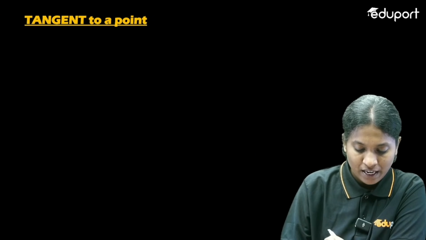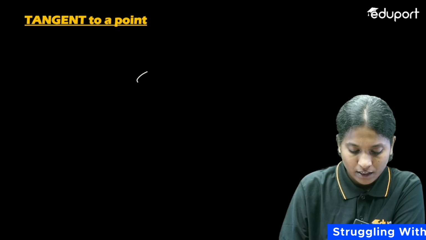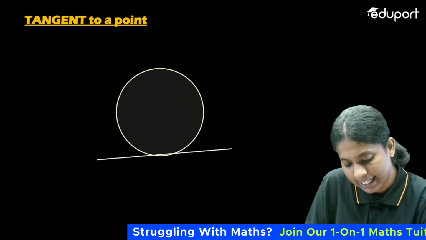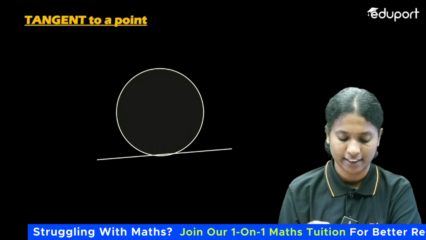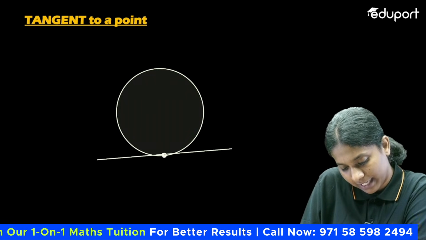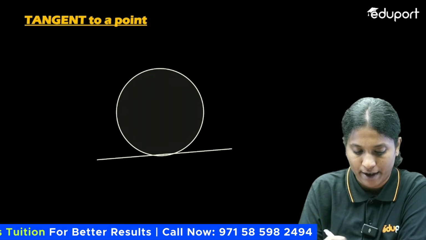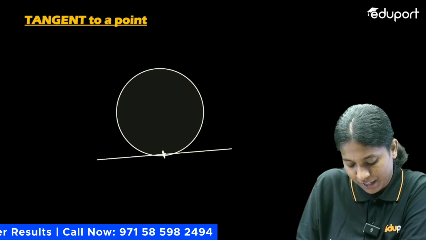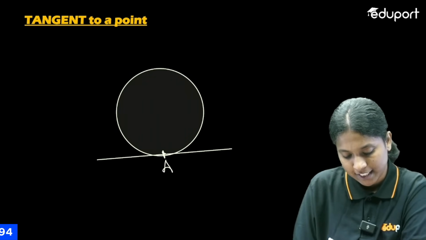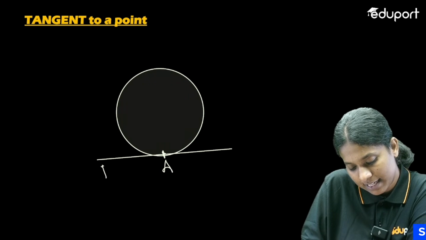Let's see. Here is a circle, and this is a tangent to the circle. This point I'm giving as A. So A is a point of the circle, and this tangent I'm giving as PQ.